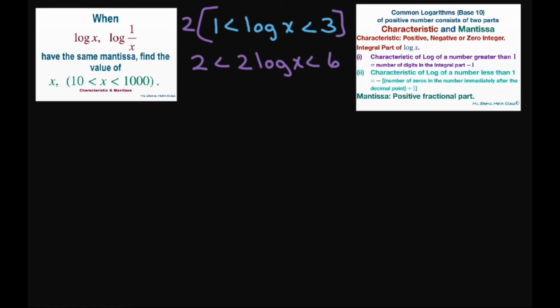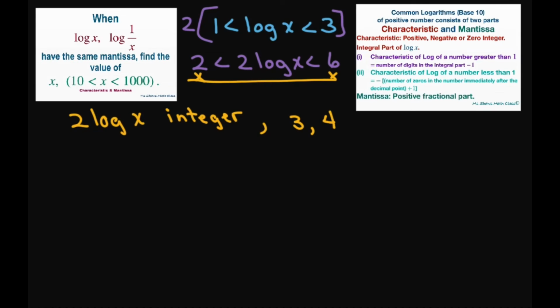Now our 2 times log of x is an integer. Since this is a strict inequality, our integer can't be 2 and can't be 6 because it doesn't equal it. But we can use 3, 4, or 5.